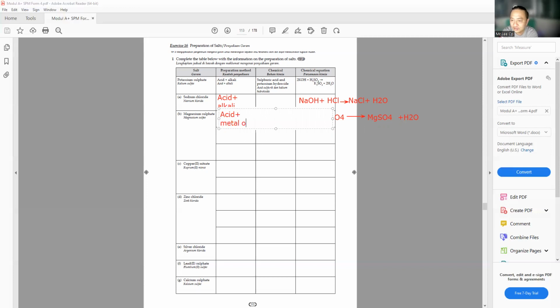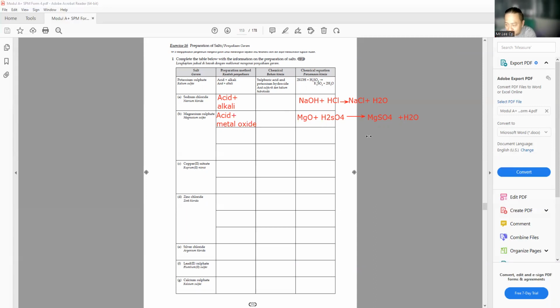Metal oxide. Am I right? The one that you say is metal oxide. Okay. Still got other two. Still got many. All right. Just write two more to give me your answer.